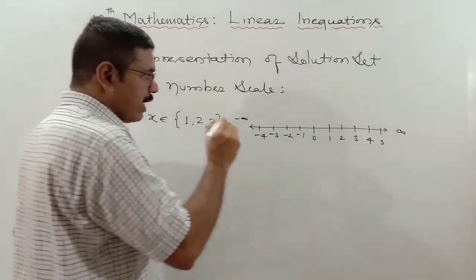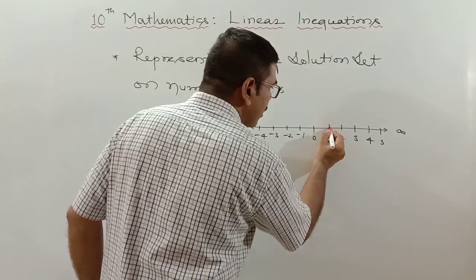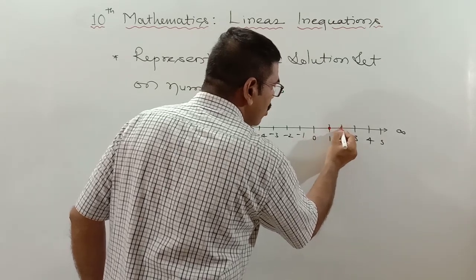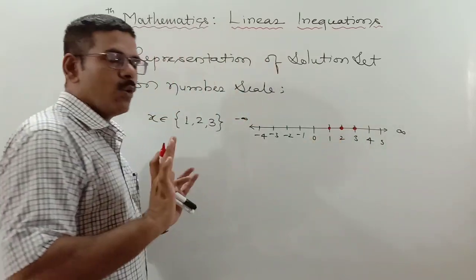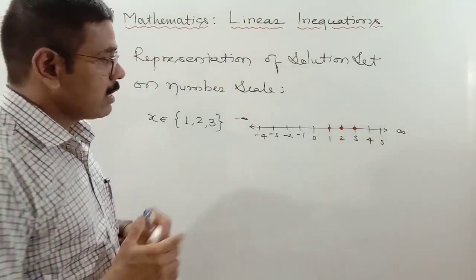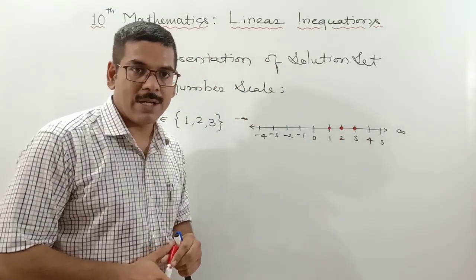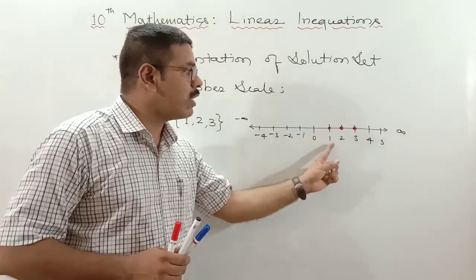Here we can represent 1 by a dot, 2 by a dot and 3 by a dot. That representation is sufficient for the set of natural numbers, because here we are including only 3 numbers.